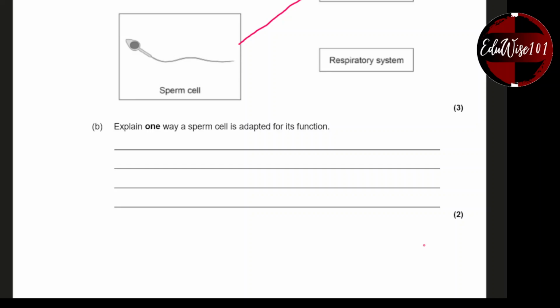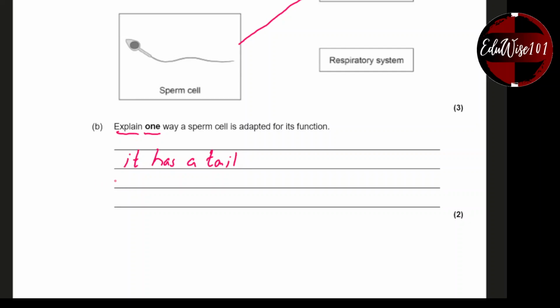Explain one way a sperm cell is adapted for its function. So explain, you need to give a reason. They're asking for one way. So how is it adapted for a function? It has a tail.